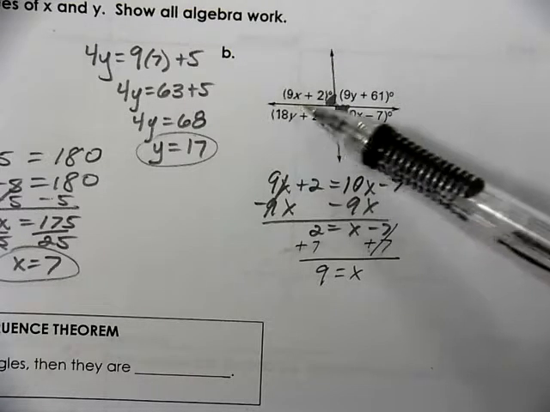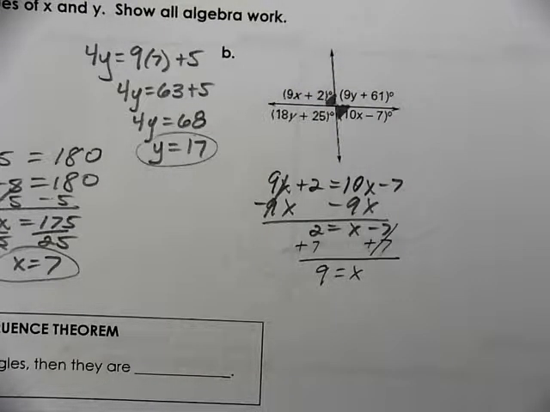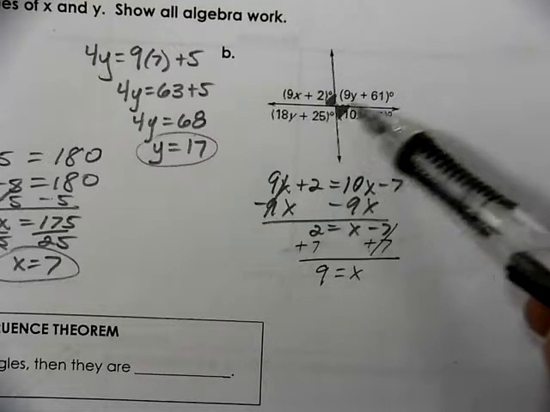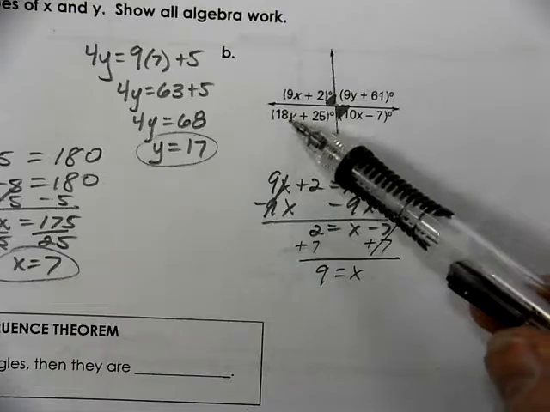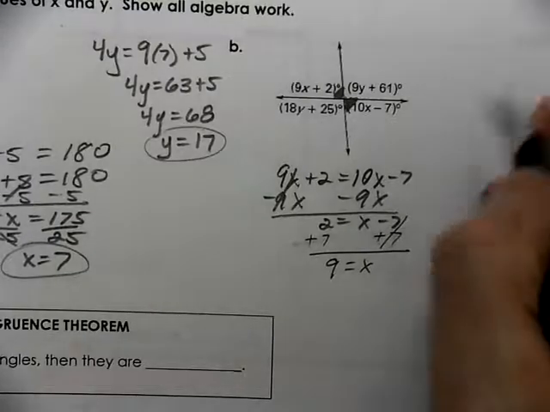So this should be 83 degrees. We could do that. Or you could even make these equal to each other because they're vertical angles. They have the same variable. We can work with that.